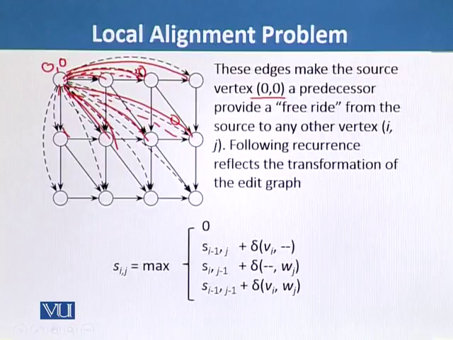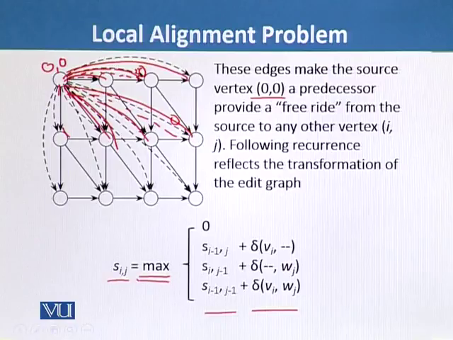So the small difference in the following recurrence reflects that transformation of the edit graph shown in this figure, and we can see that again we have to find S i,j and we have to find the maximum value of all of these possibilities.